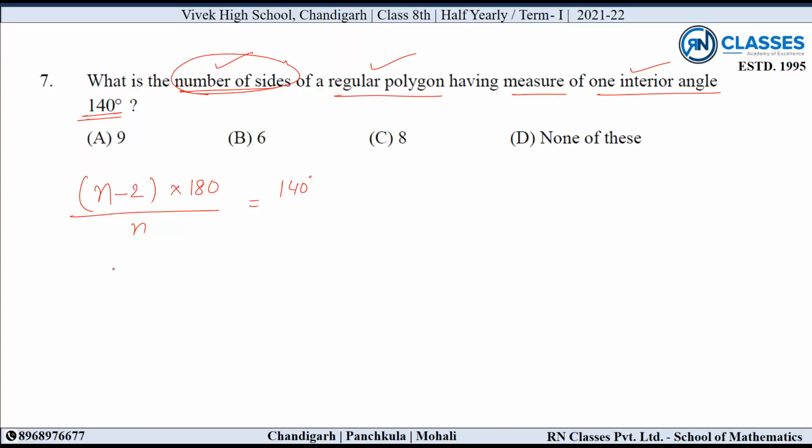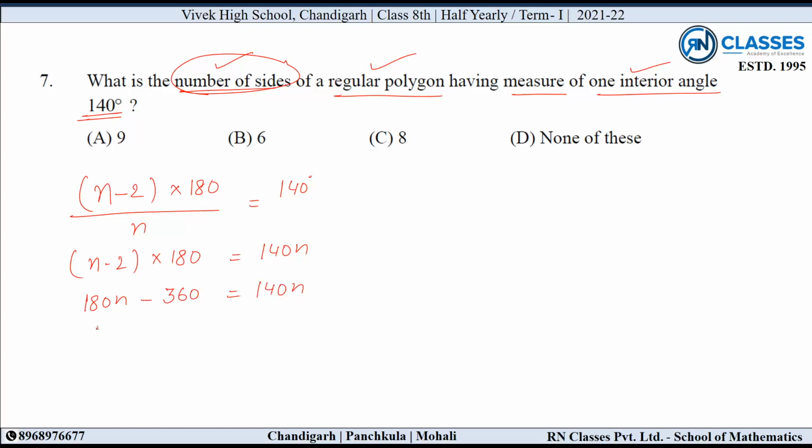Right? Just solve it. It's a linear equation in one variable. Bring all the n terms on the left hand side and all the constants or numbers on the right hand side. First cross multiply: n minus 2 into 180 is equal to 140 n. Open with the distributive property: 180 n minus 360 is equal to 140 n.